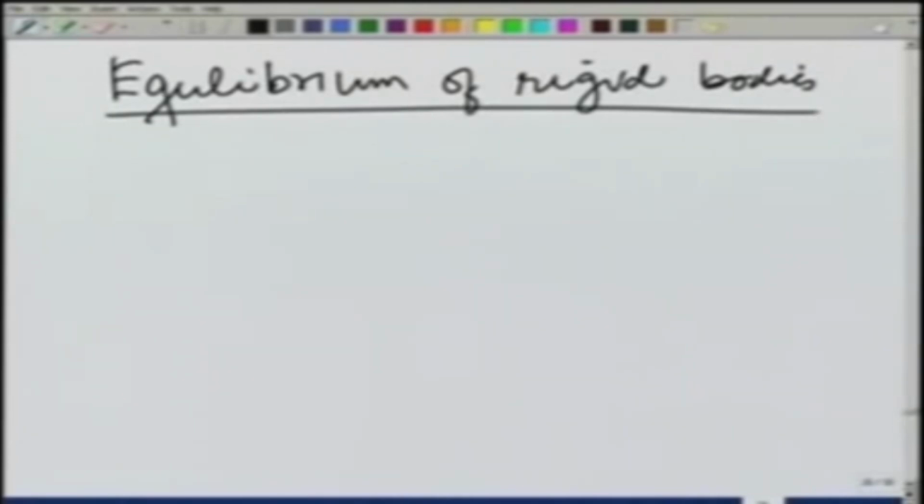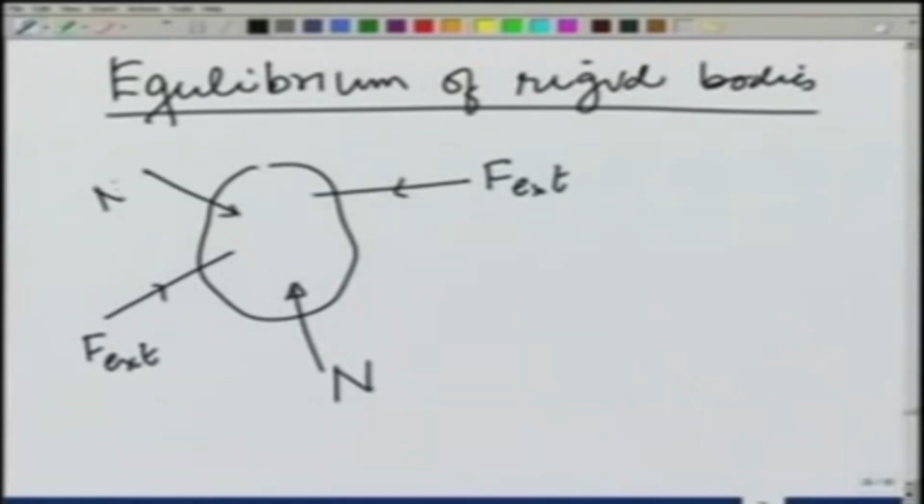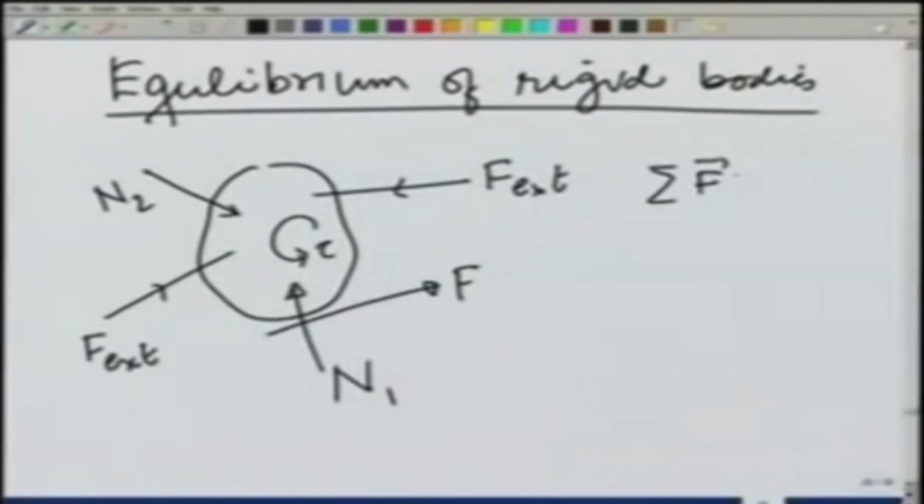What we have done so far is taken a particular body and saw what are the external forces applied on them and what are the forces generated, normal reaction, maybe a torque tau, maybe a frictional force F. What are these forces given by various elements by which it is held, and then we did the equilibrium condition, summation F is equal to 0 and summation tau is equal to 0.